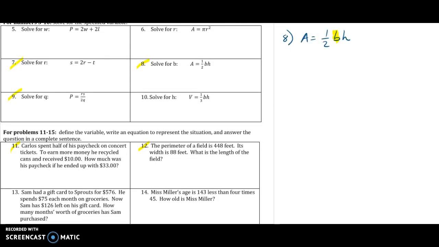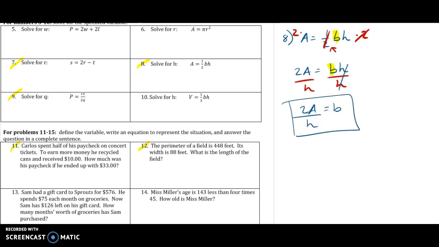There's nothing to add or subtract, so now we're going to get rid of this 2. I'm multiplying both sides by 2. Divide by h. That's your answer.